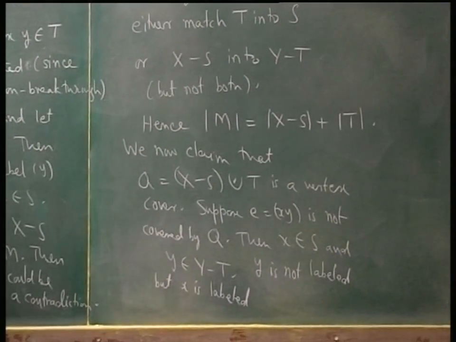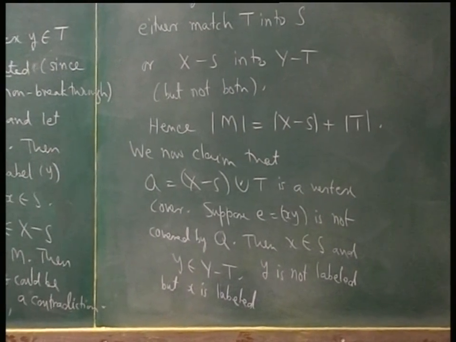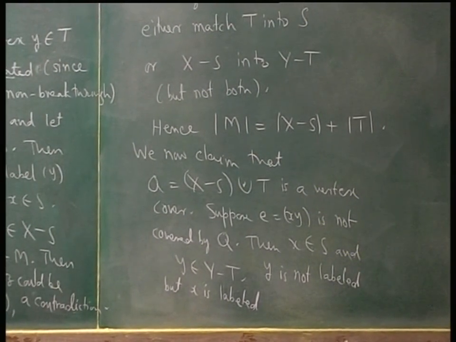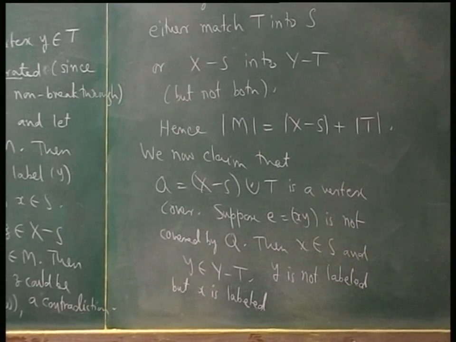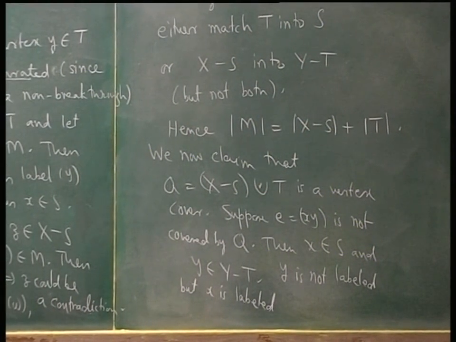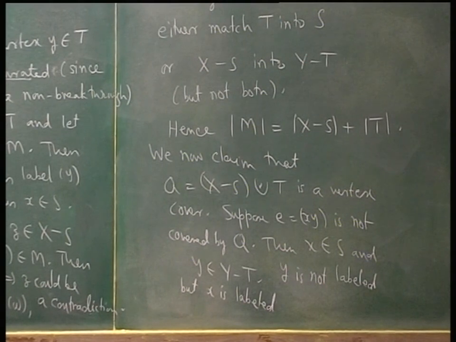How could that happen? Well, the only way that could happen is by having that edge xy in the matching. If it is not in the matching, then it's a forward arc that I can use. I can label y by x. Okay.